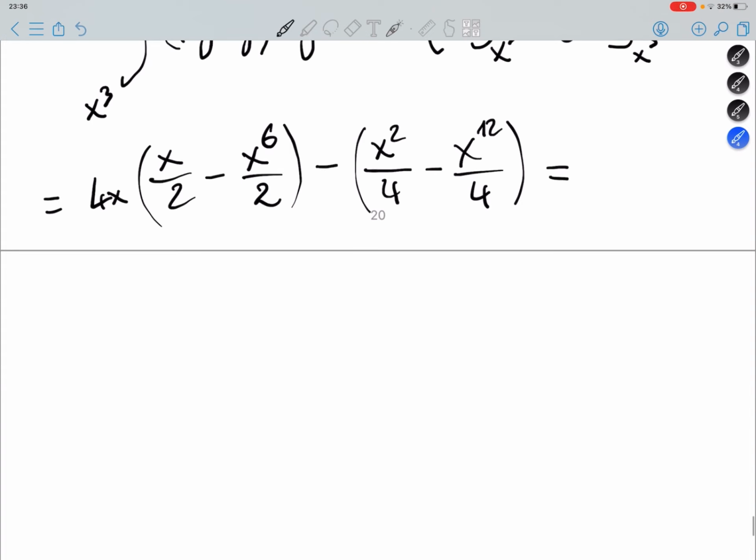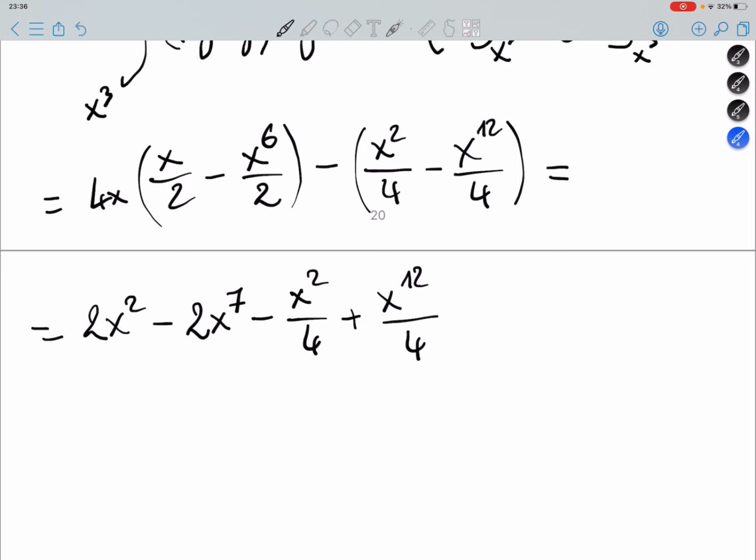This gives us 4 over 2 is 2, so 2x squared, minus 4 over 2 is 2x to the 7, and then minus x squared over 4, plus x to the 12 over 4.